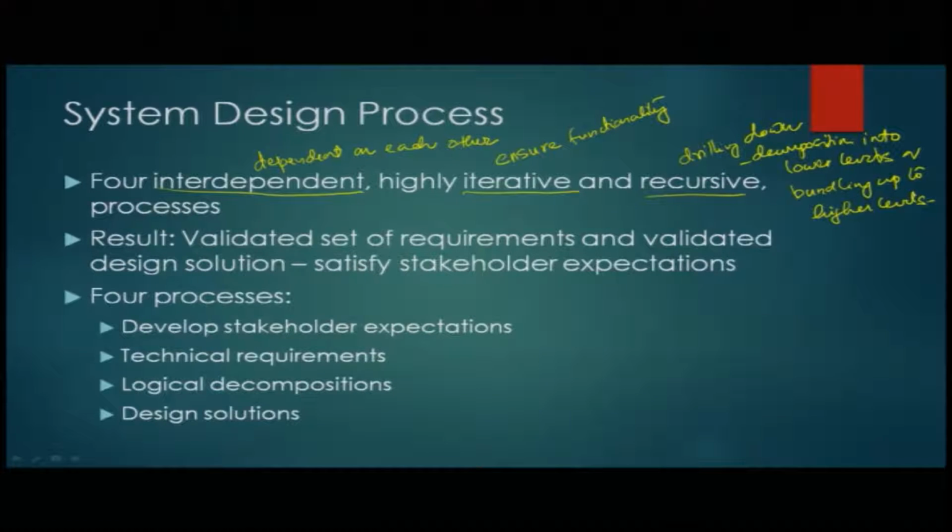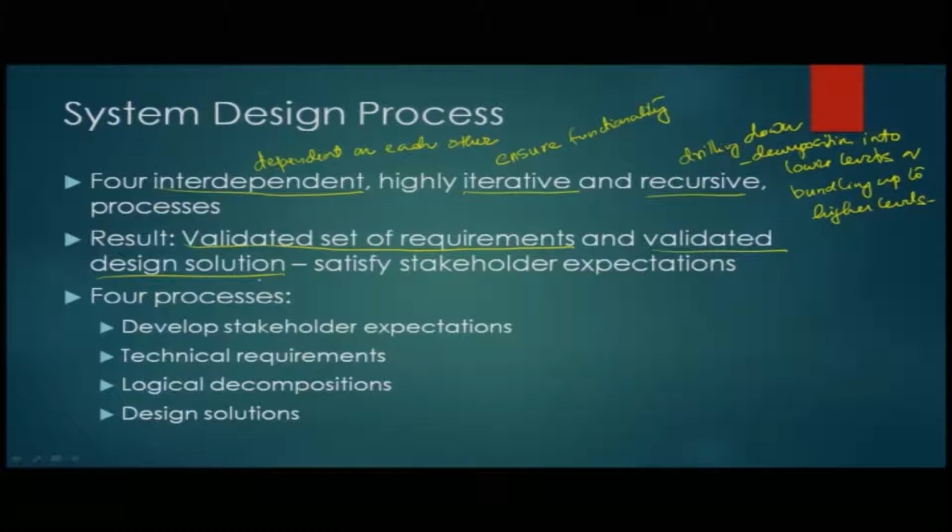So there are four interdependent, iterative and recursive processes, and when you use these processes as part of this SDP, they result in a validated set of requirements and a validated design solution. What is it validated against?